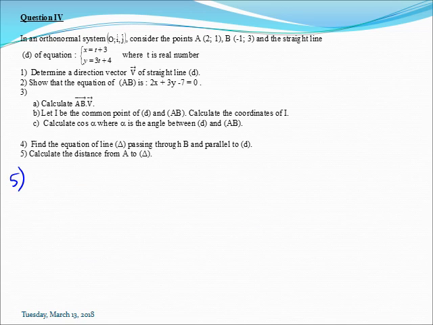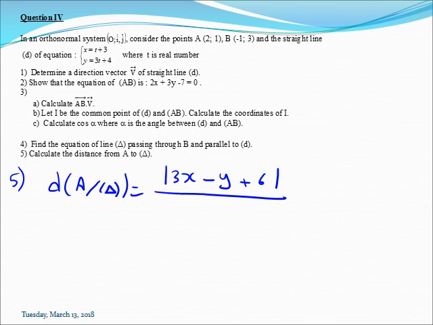Number 5. Find the distance from A to line delta. First, the absolute value. The equation of delta is 3x minus y plus 6, over radical 3 square plus 1 square.